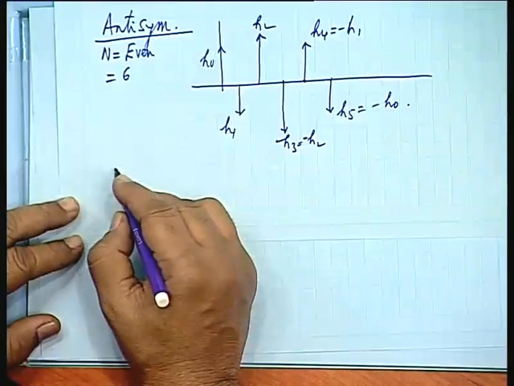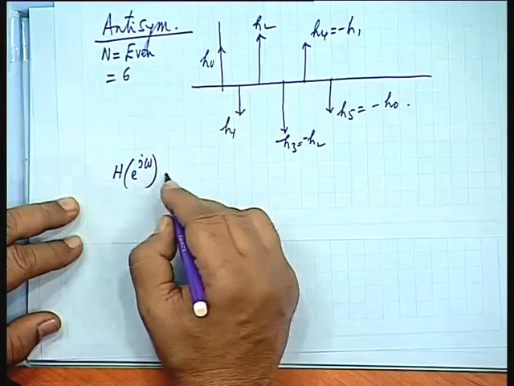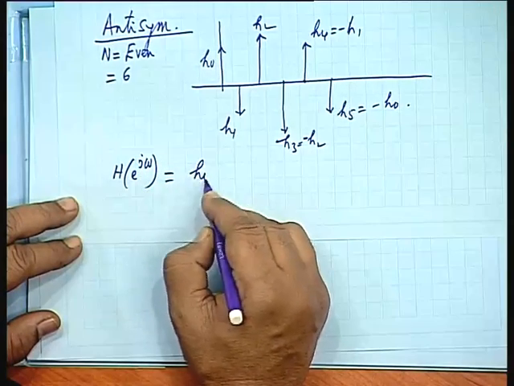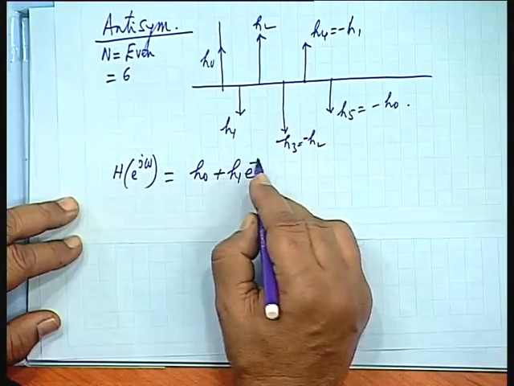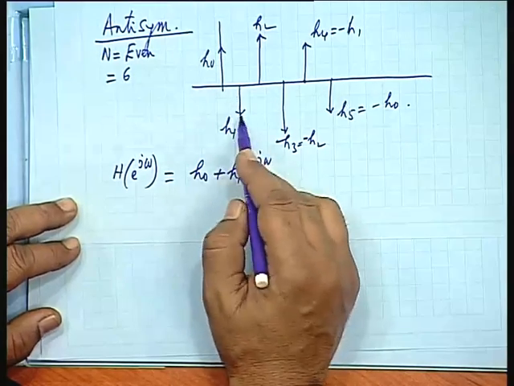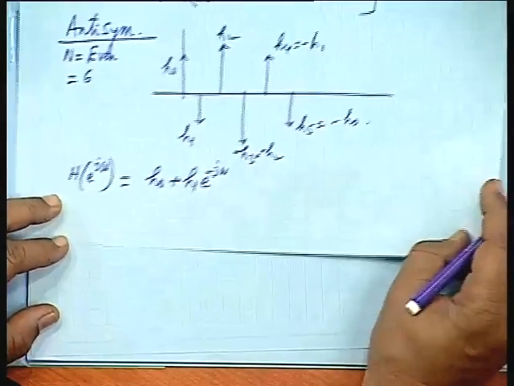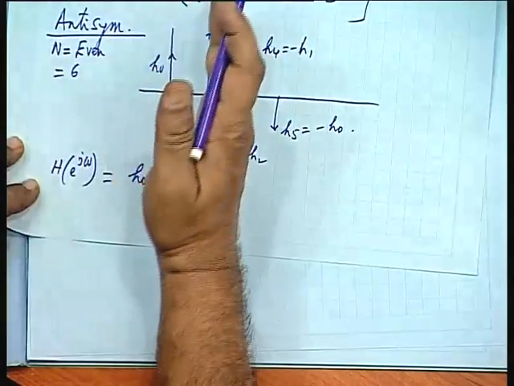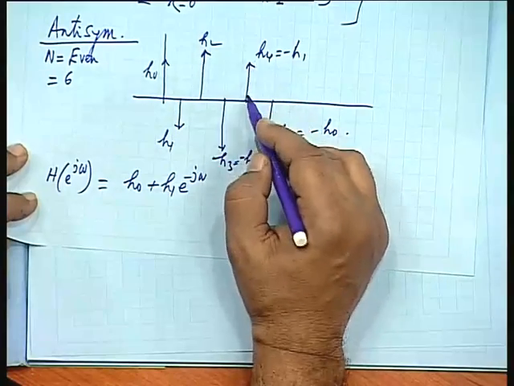Therefore, H(e^jω) will appear like this: H0 plus H1 e^(-jω). I have arbitrarily taken plus and minus symbols for H1, H2, but whatever is the value of H1, it will be the negative of that in the case of H4.